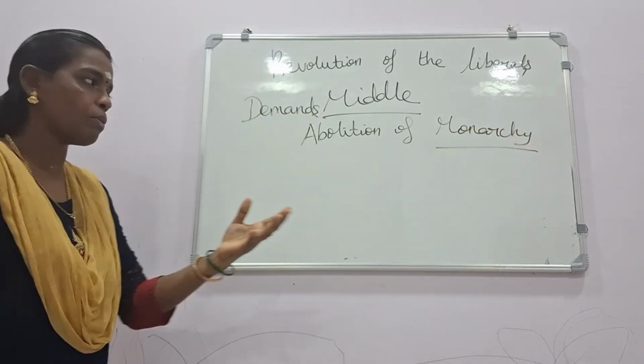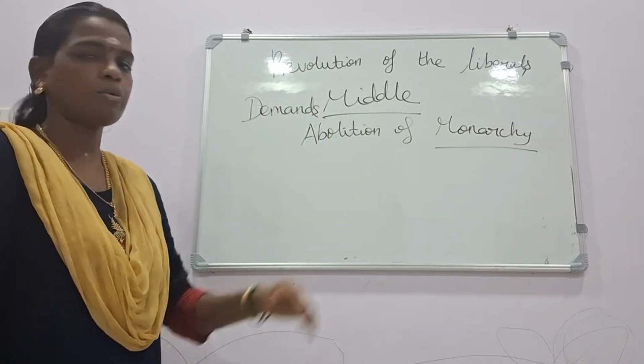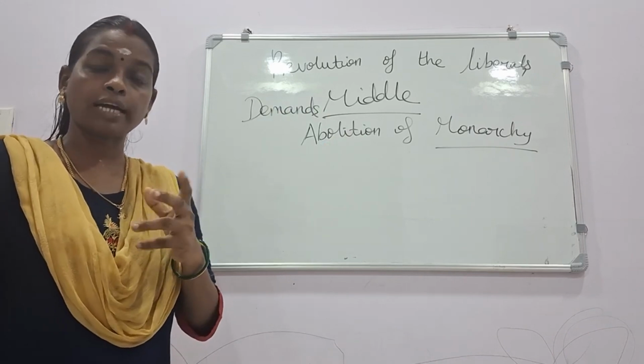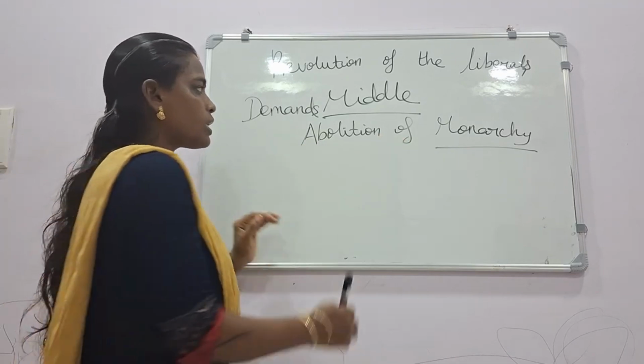Everyone knows what monarchy means. In the first session of the class itself, I let you know what monarchy is. Monarchy is a kind of government where there is a king or queen. So, abolition of monarchy.